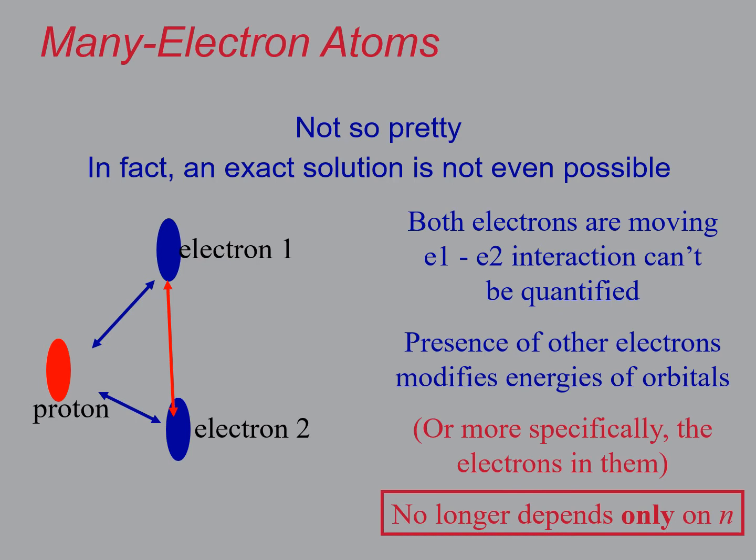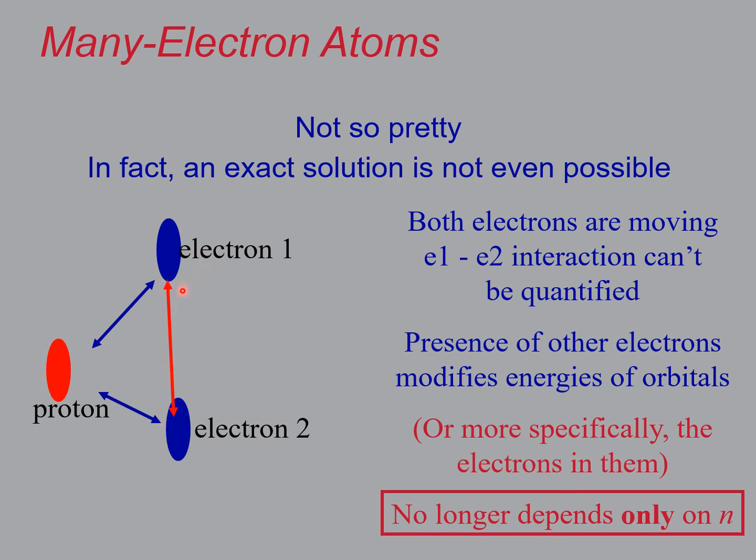Now, it turns out that when you have more than one electron in an atom, and that's most of them, the energies actually are not really pretty. In fact, technically, you can't even determine it exactly. And this is because the electrons are sort of always constantly moving relative to each other.